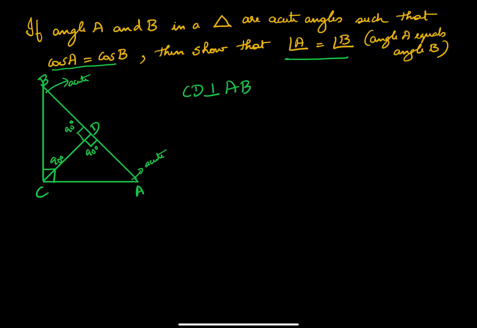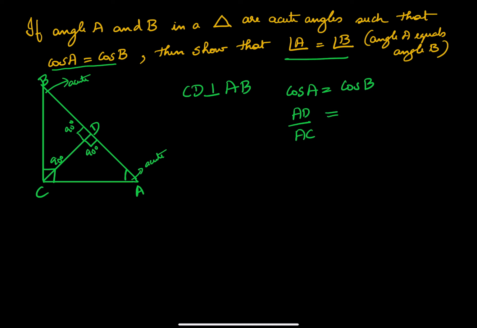Now let's use the first information given to us, which is cos A is equal to cos B. So if we are here, cos A would be nothing but the adjacent over the hypotenuse. If we are at A, the adjacent would be AD, and if D is the right angle, the hypotenuse would be AC.